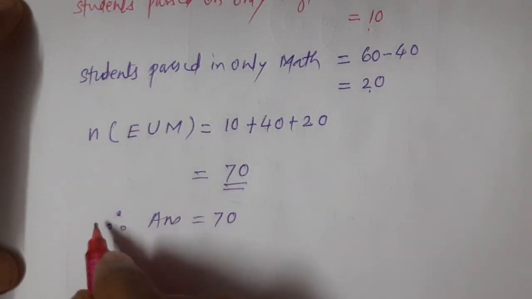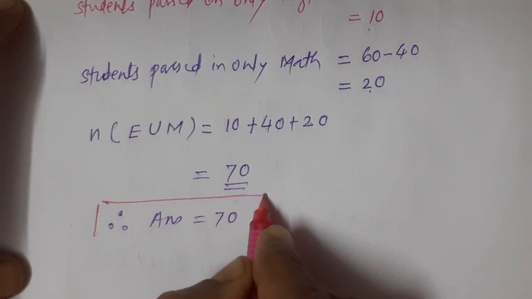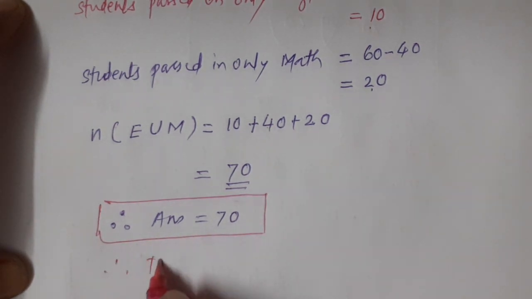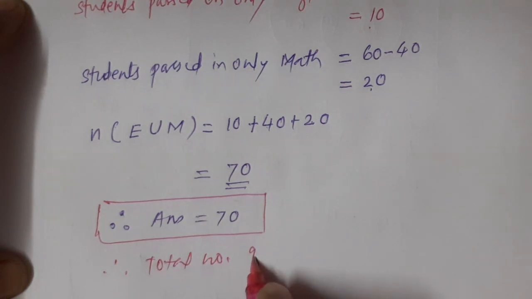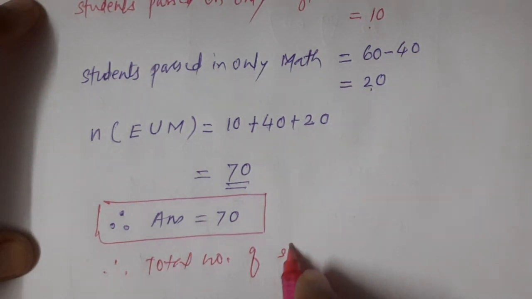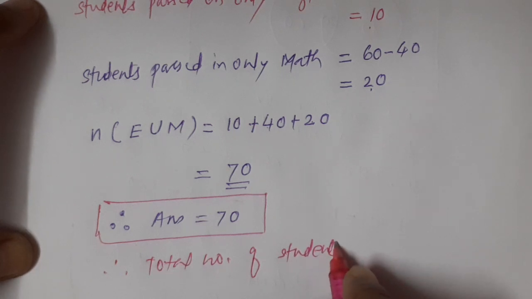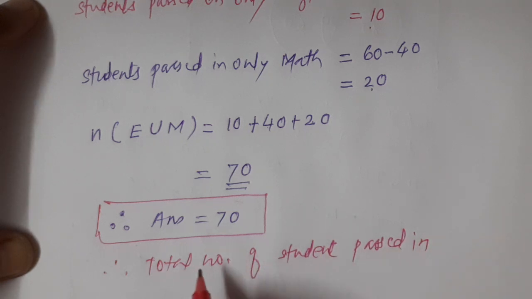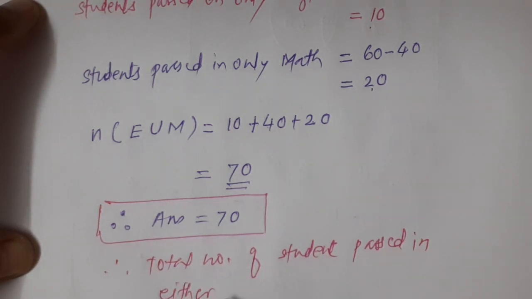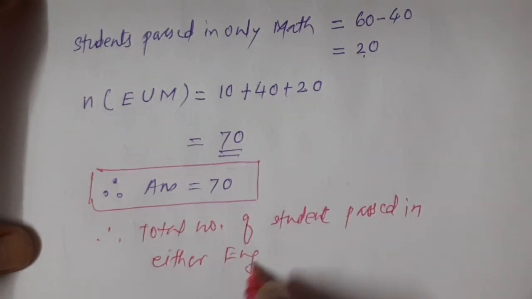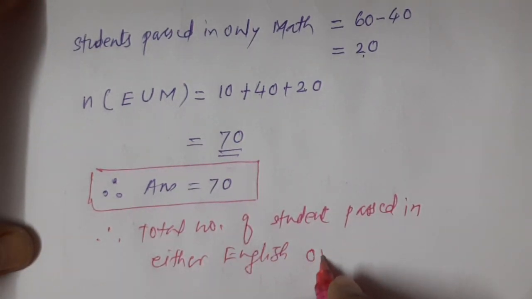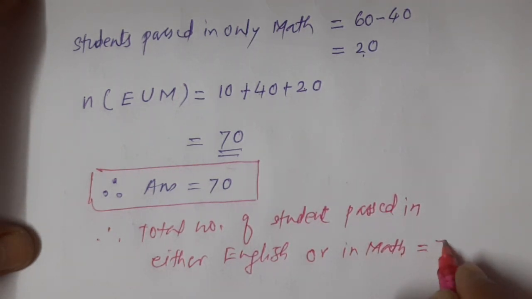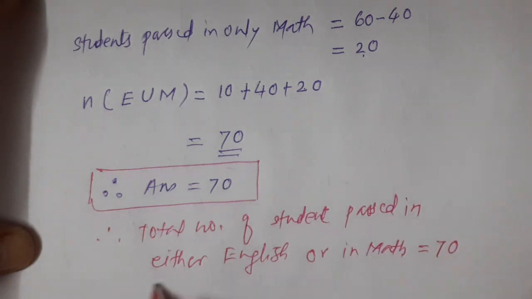So this is again a very simple method. The total number of students who passed in either English or mathematics is equal to 70.